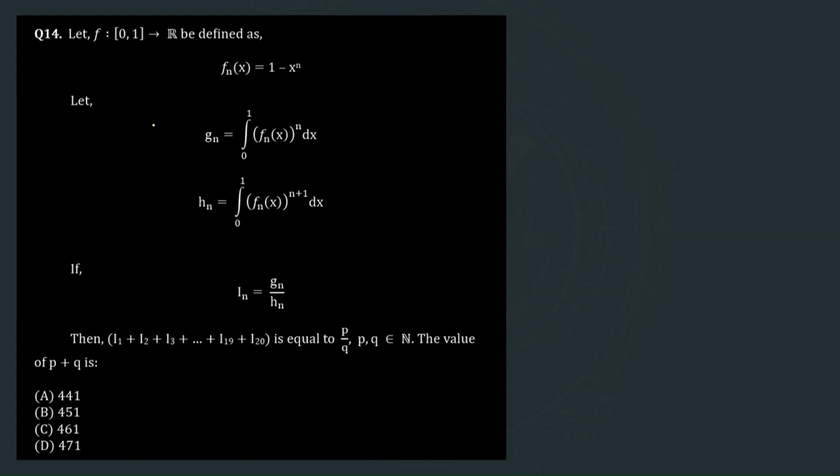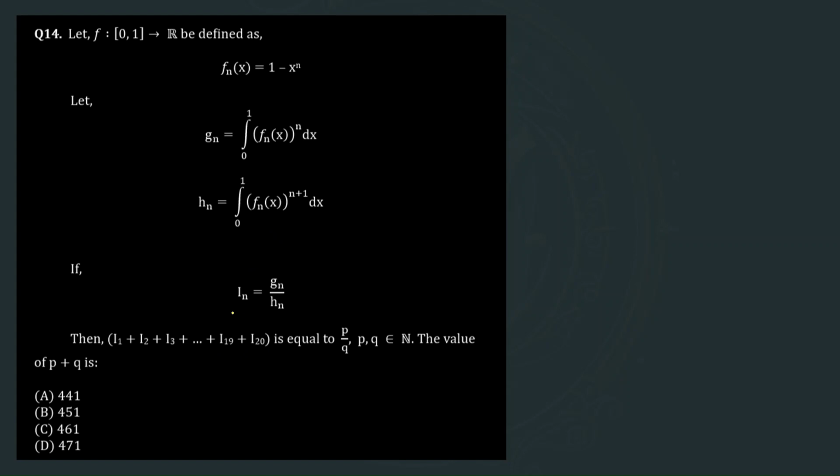Okay. Let gn be the integral of (fn x) whole to the power n from 0 to 1 and hn be this function. If In equal to gn divided by hn, then we are asked the sum I1 plus I2 plus I3 plus so on up to I20.